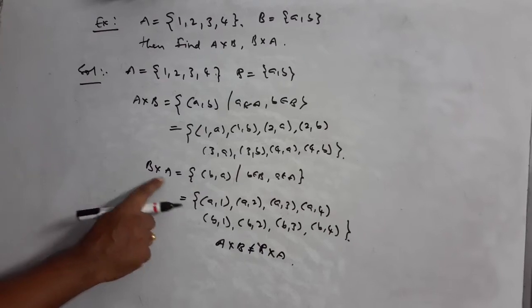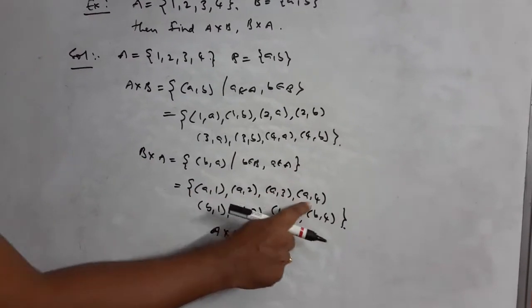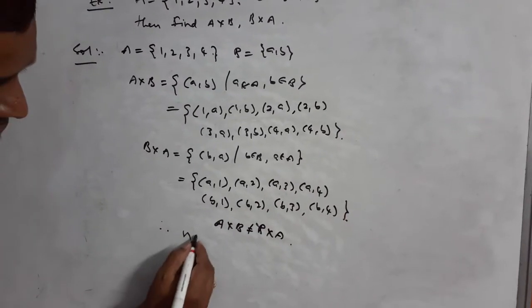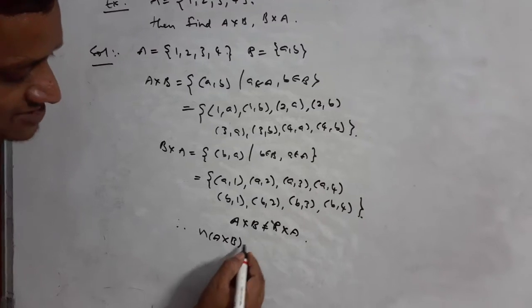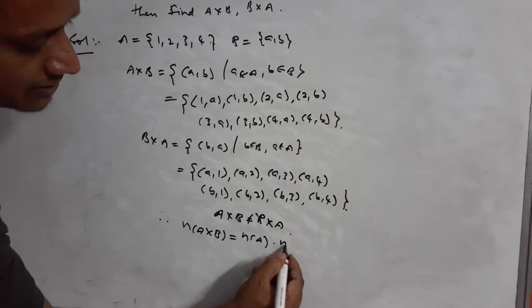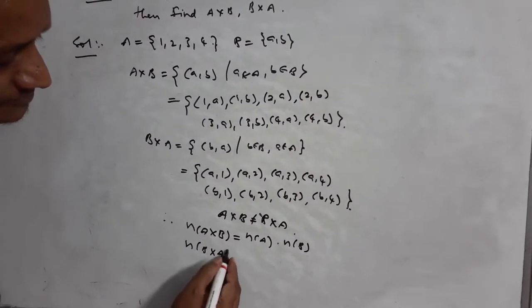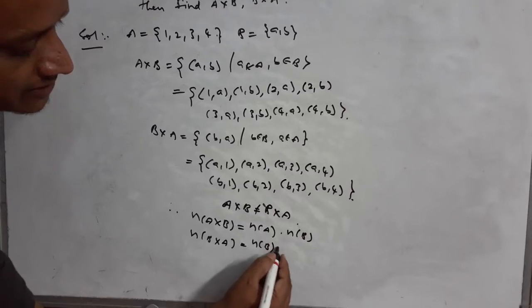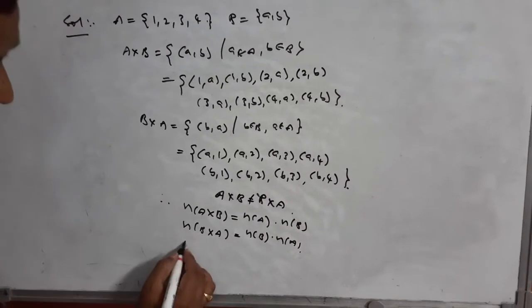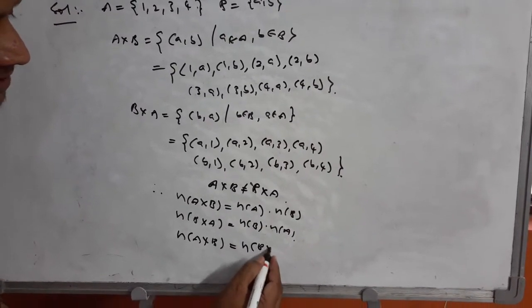See here, B cross A. How many elements are there in B cross A? 1, 2, 3, 4, 5, 6, 7, 8. Here also, we can write n(A cross B) is equal to n(A) into n(B), and n(B cross A) is equal to n(B) into n(A). From this we can say that n(A cross B) is equal to n(B cross A).